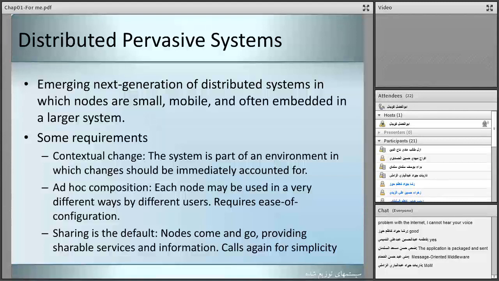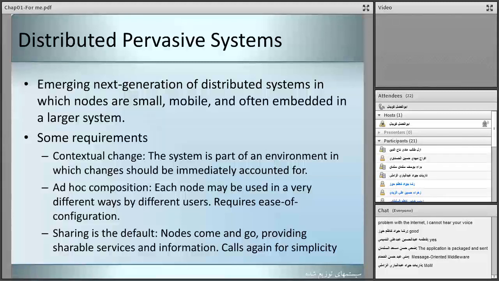And also they are usually, not often, they are usually small in terms of size, and they are mobile. Mobile means sayyar. They are mobile.